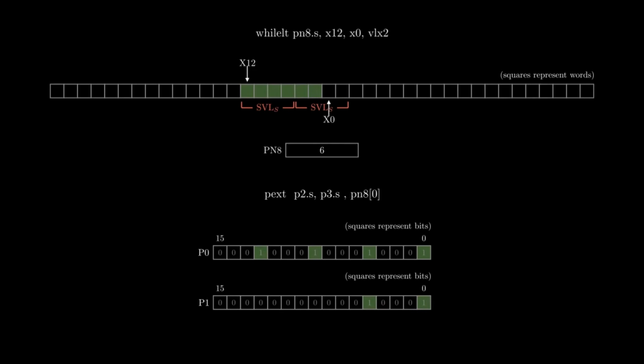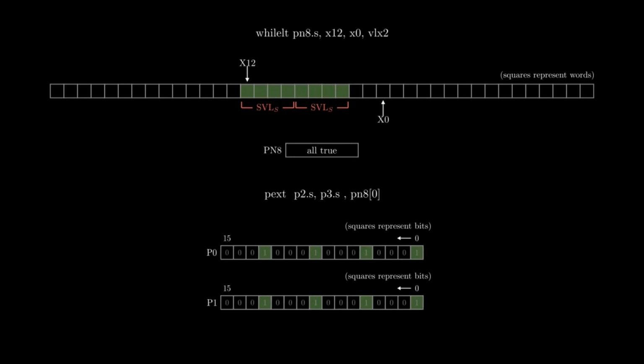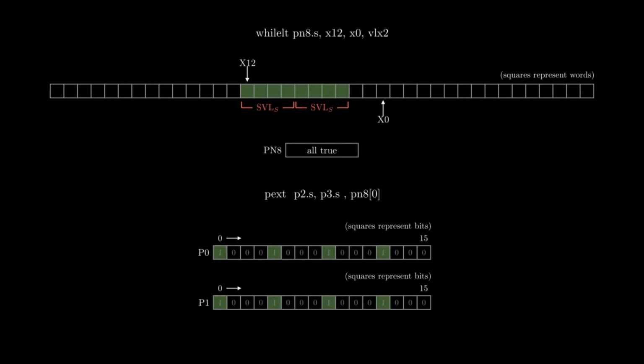When we have 8 or more active elements, the PN8 counter is set to all true. For word encoding, each group of 4 bits in a predicate mask register represents a word element. An element is considered active if the least significant bit in its group is set. Now we'll return to showing predicate registers mirrored left to right.